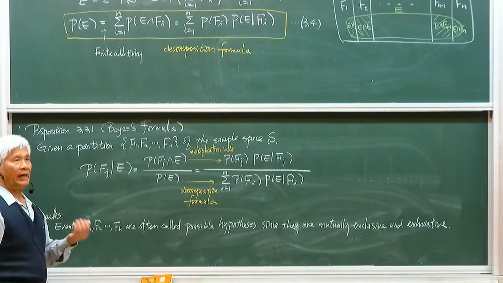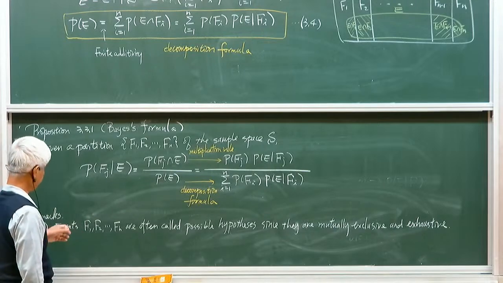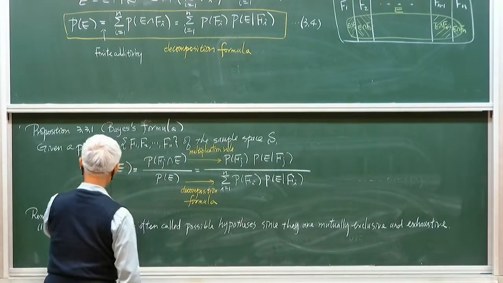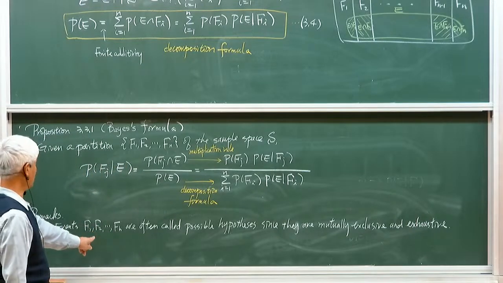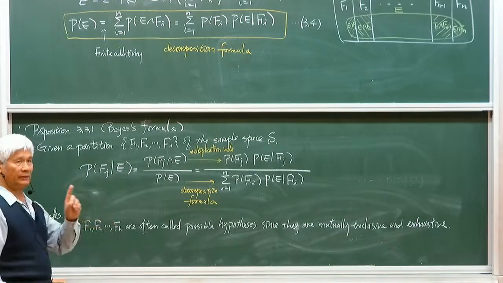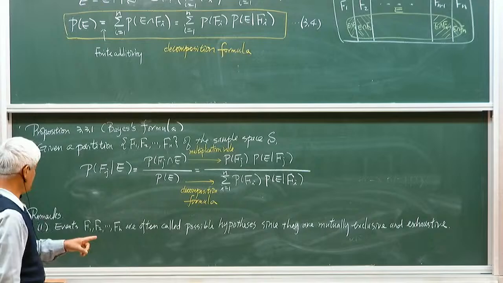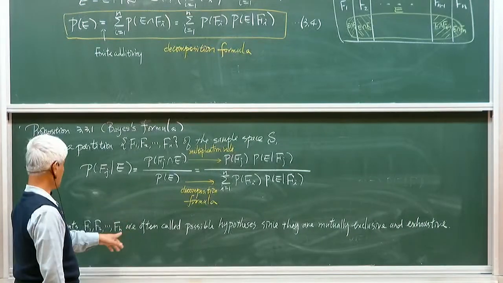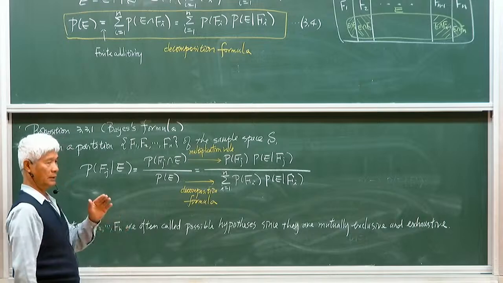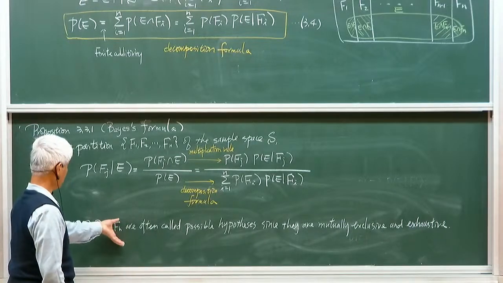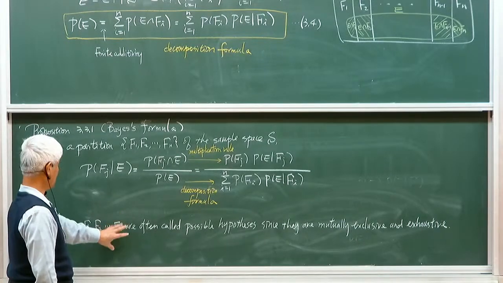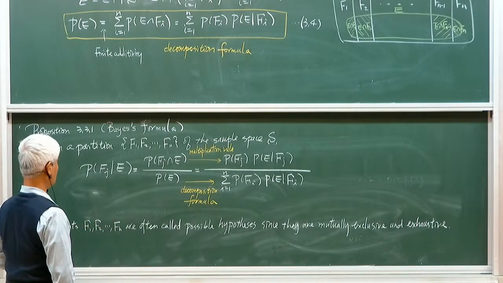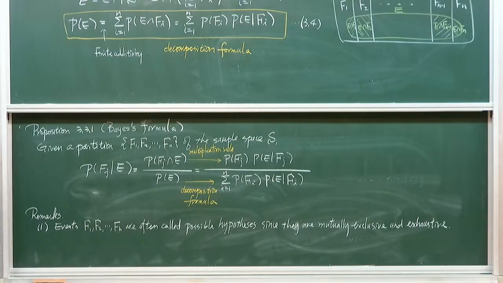But in criminal studies, we usually call F1 the first suspect, F2 the second suspect, up to Fn, with the data, files, or description of each suspect.